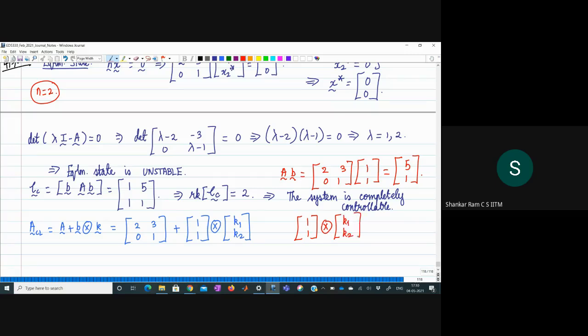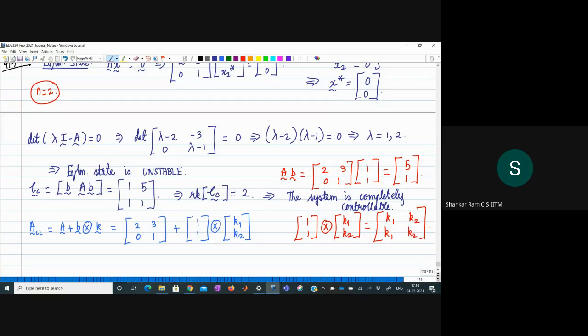So the first element will be B1K1, where B1 is 1, and B2 is also 1. This is a unique example where both elements of the B vector are 1; it need not be the case all the time. So we will have K1, K2, and then K1, K2, as the outer product.